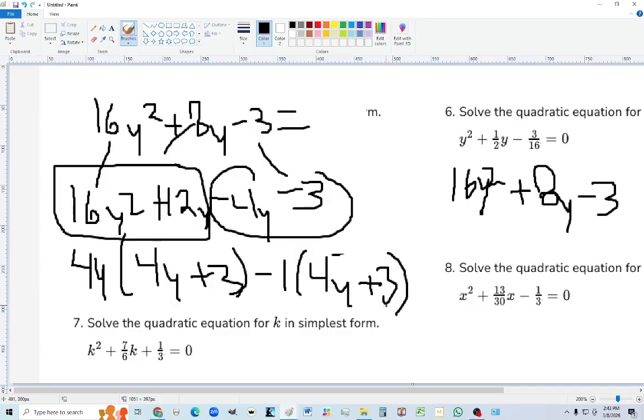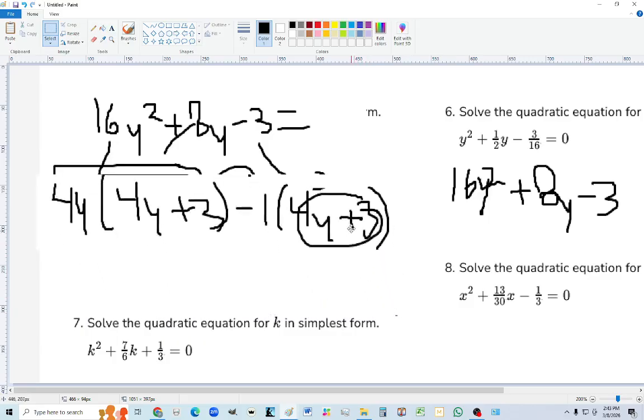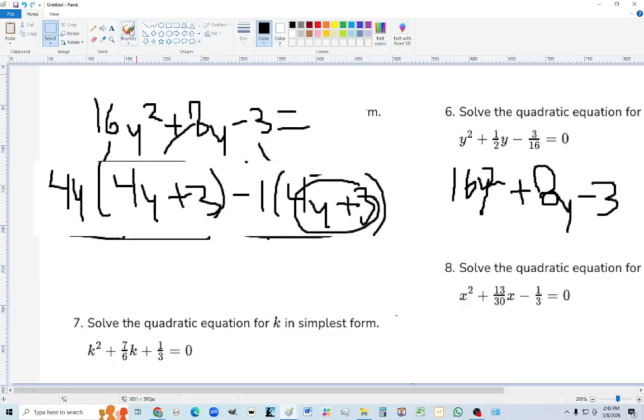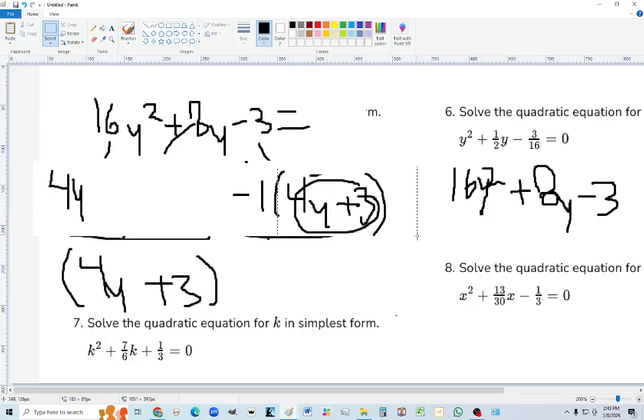When you do grouping, these two brackets should be the same. So if they aren't, you did something wrong. Now I can factor out that bracket from both, 4y plus 3. When I separate that bracket from both, what would be left if I factored that out? Well, we just remove it and see what was left.